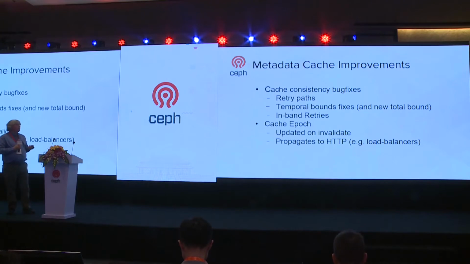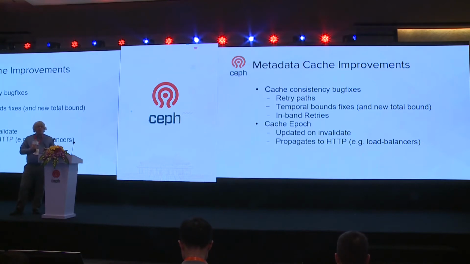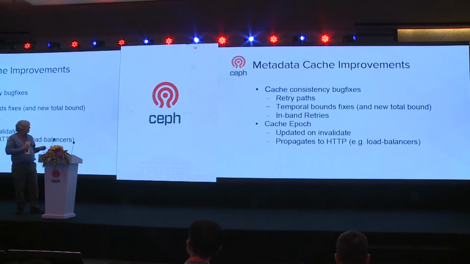One, there's new logic being worked on to introduce synchronous in-band retries in the case when a RadosGW detects that a synchronous update performed through the watch-notify mechanism has not succeeded.